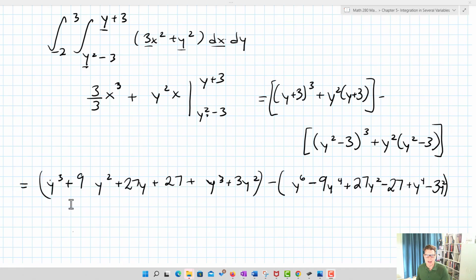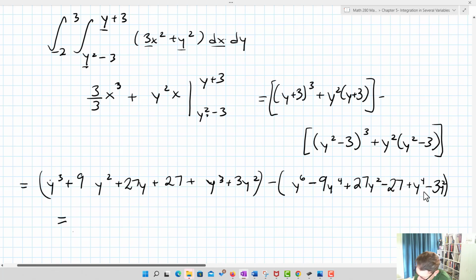So when I evaluate that, I get y cubed plus 9y squared plus 27y plus 27 plus y cubed plus 3y squared minus y to the 6th minus 9y to the 4th plus 27y squared minus 27 plus y to the 4th minus 3y squared. All right? So, a big polynomial. That's fine.